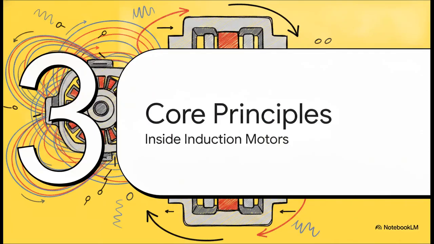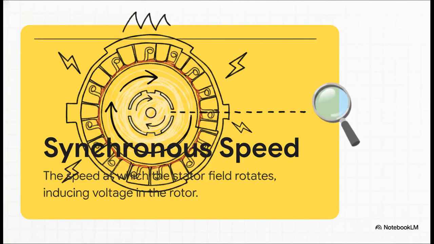Which brings us to Section 3, Induction Motor Core Principles. Okay, before we get bogged down in any formulas, let's set a solid conceptual anchor. The key term you absolutely need to know is synchronous speed. When we feed 3-phase alternating current into the motor's stationary part, the stator, it creates a magnetic field that actually rotates.